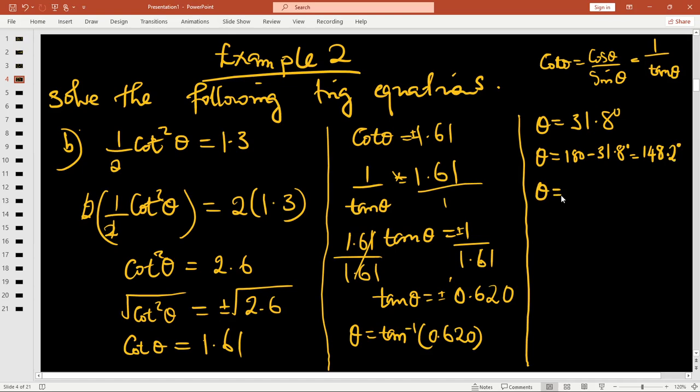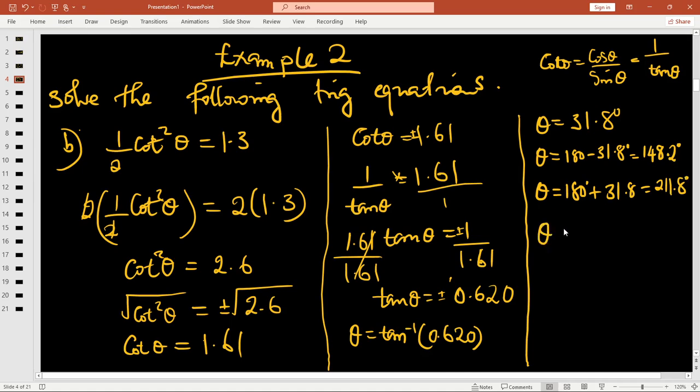So in the third quadrant there, where the tangent function is positive, we say it's 180 degrees plus 31.8 degrees here. So here we're going to get 211.8 degrees.